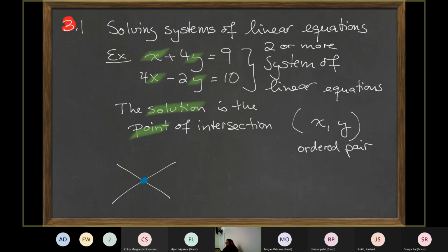So if you have two variables, you need to have two equations in order to algebraically calculate x and y. If you have three variables, like x plus y plus z equals 9, guess what?